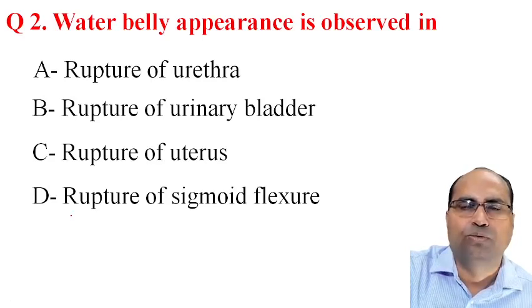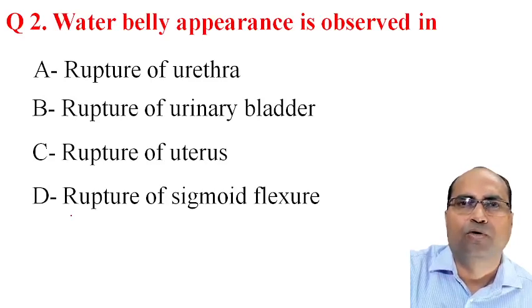Question number 2. Water belly appearance is observed in: option A, rupture of urethra; option B, rupture of urinary bladder; option C, rupture of uterus; option D, rupture of sigmoid flexure.